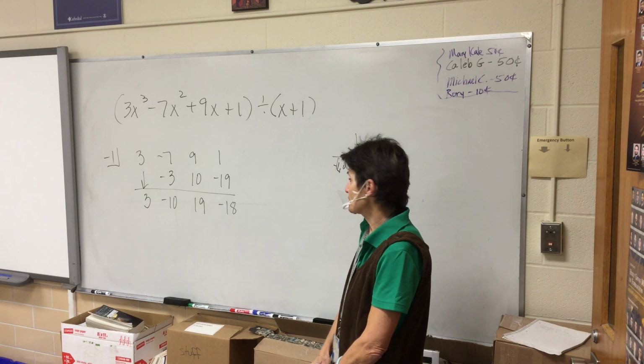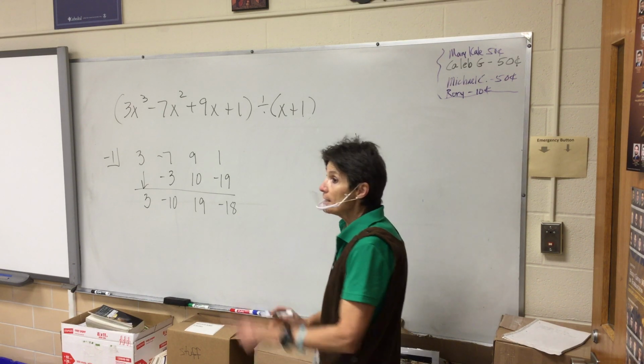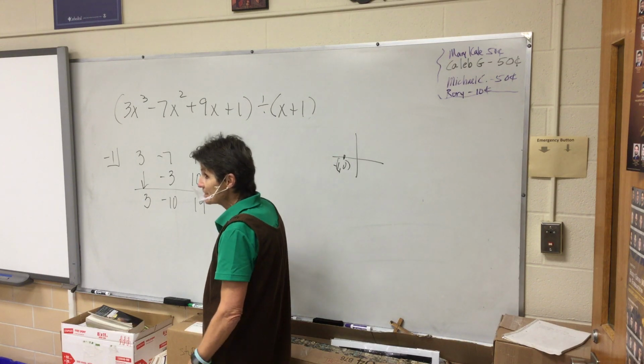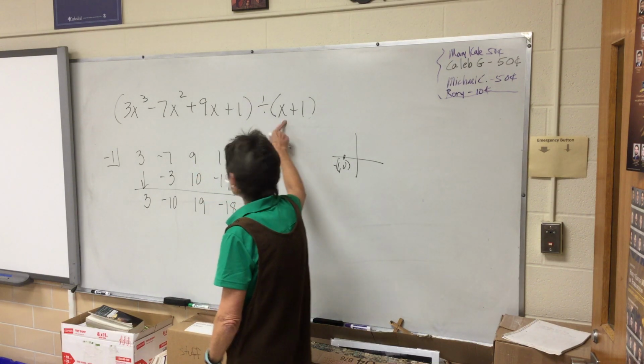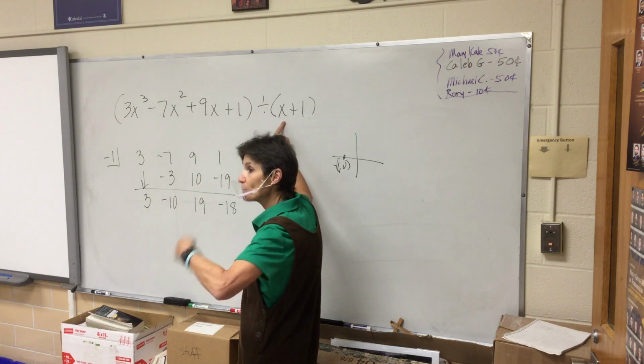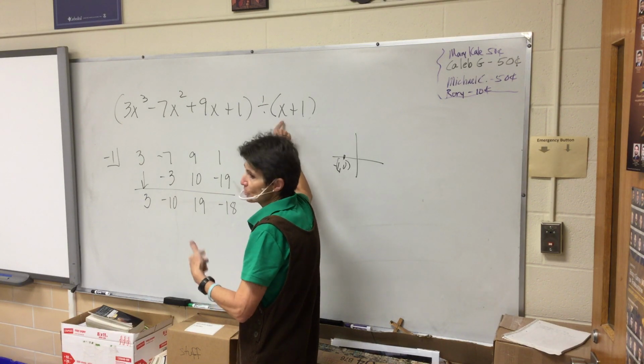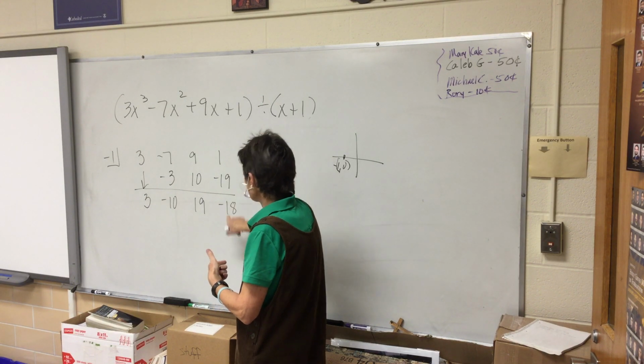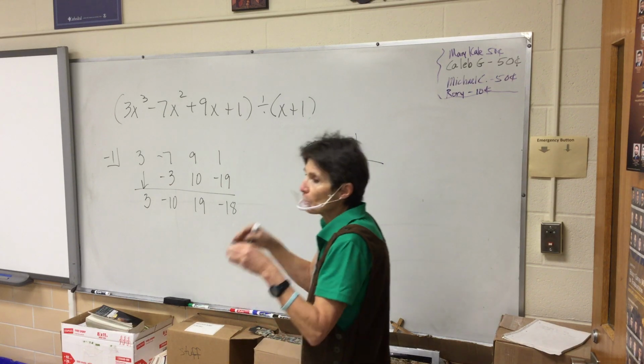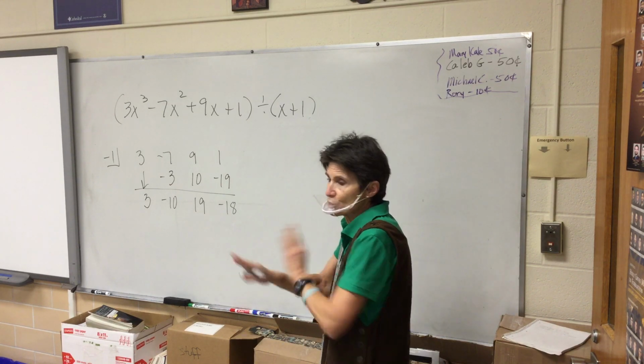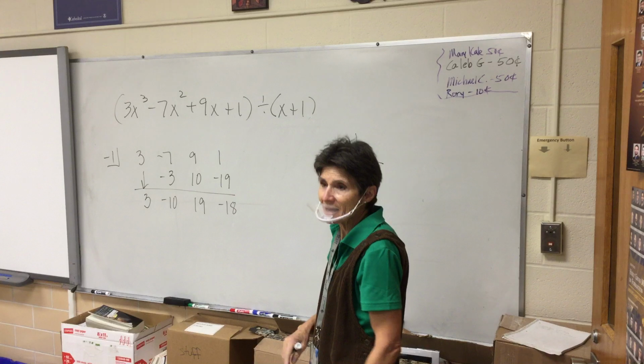But all this, Jameson, is a division problem. Now, Jameson, the fact that it isn't a 0 tells me this is not a factor, right? So if I were doing that guessing thing, this would not be a good guess because it didn't give me a 0. But this problem is simply the division. We're just dividing. So what's my answer?